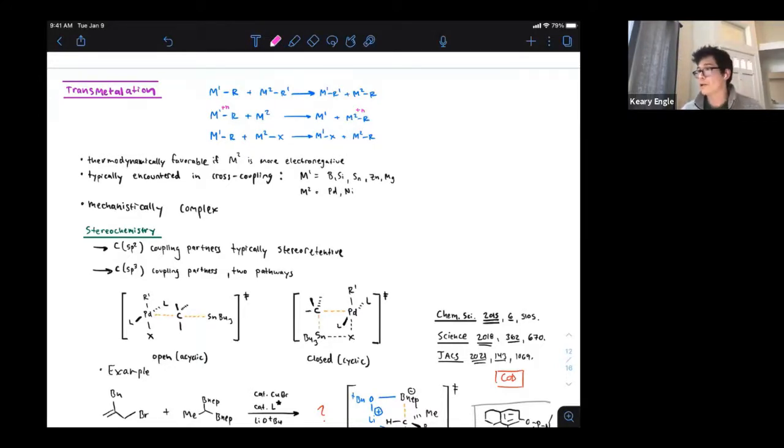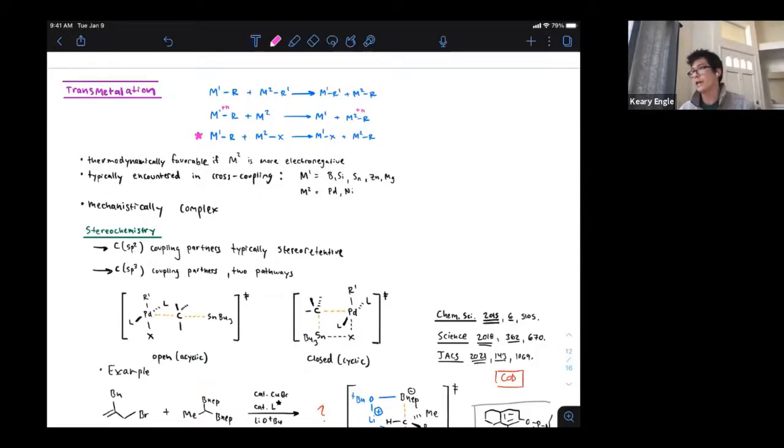We already covered this if we think back to our discussion of main group organometallics. So we won't rehash all of those details, every different type and subtype of transmetallation, but I did want to highlight particularly the types of transmetallation that are most relevant to cross coupling, and that's really this bottom type here.